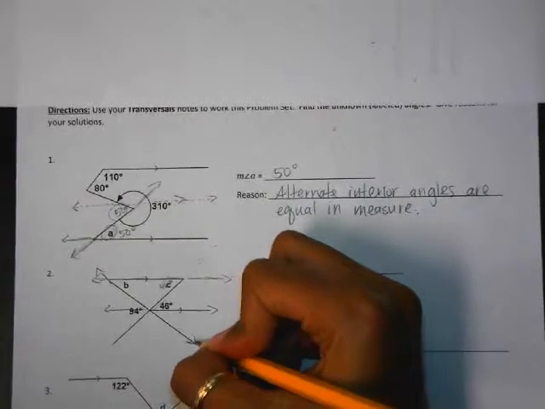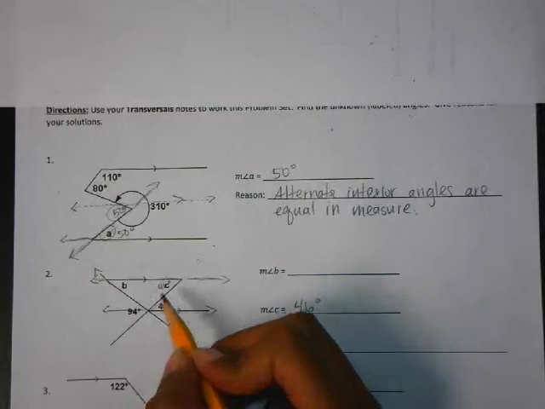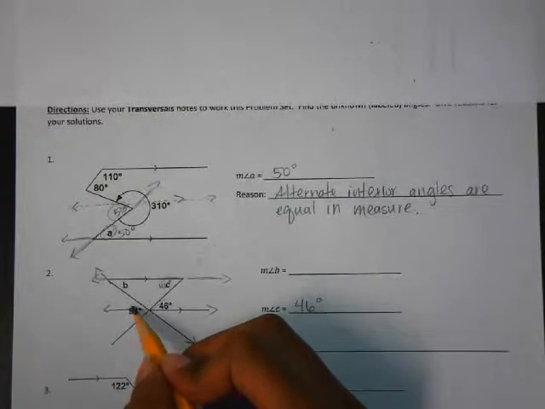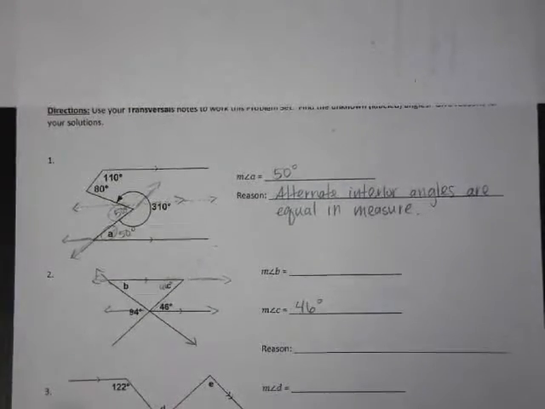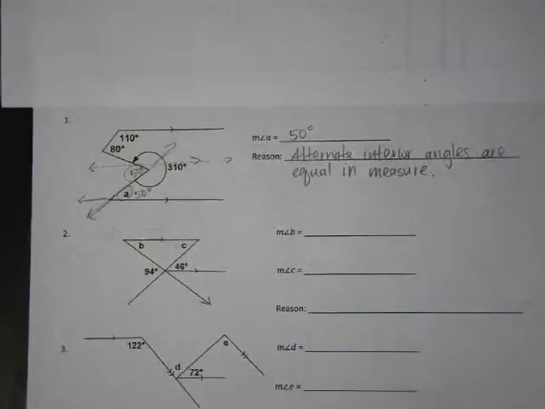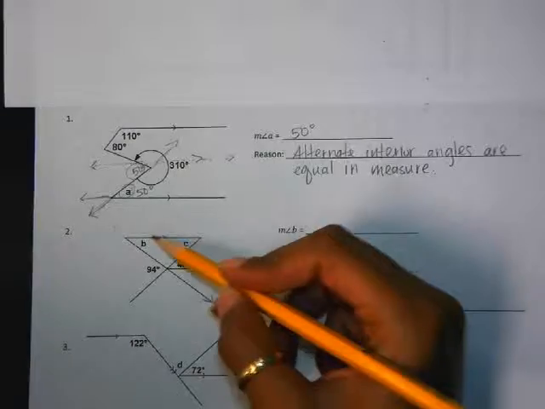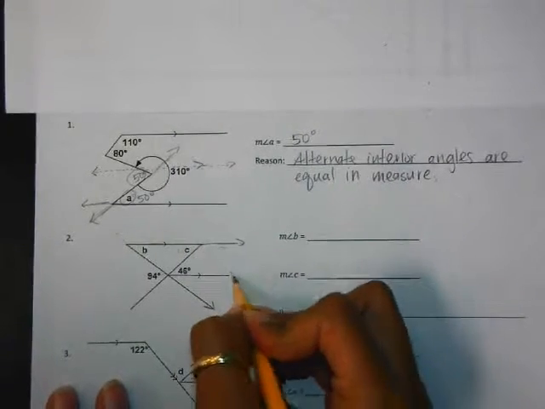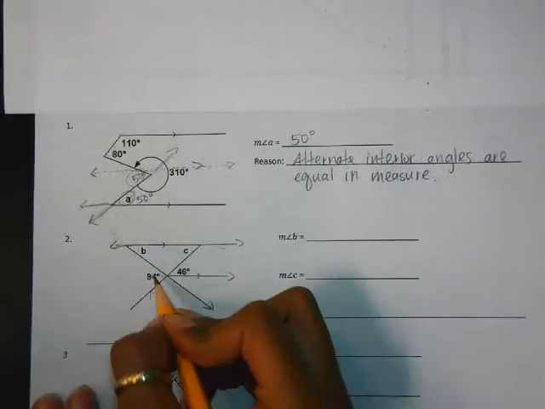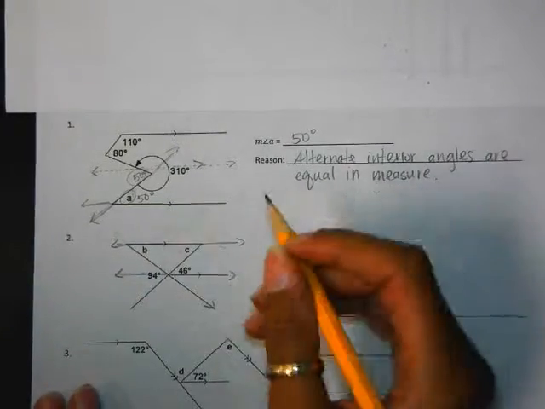Now, this angle plus this angle plus this angle have to equal. Alright, question number 2. I see my two parallel lines right here, so I'm going to extend them out. Okay, and I see a transversal right here cutting through them.